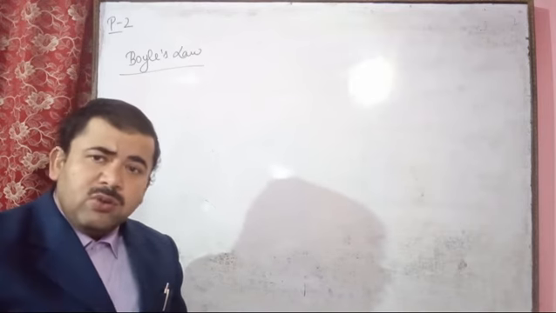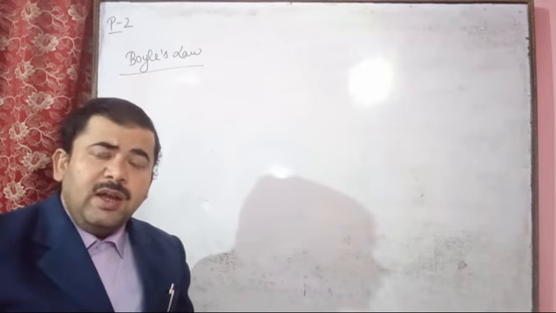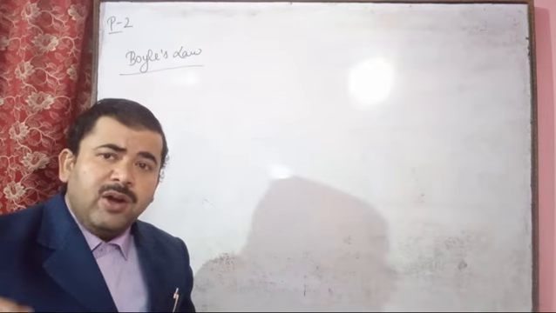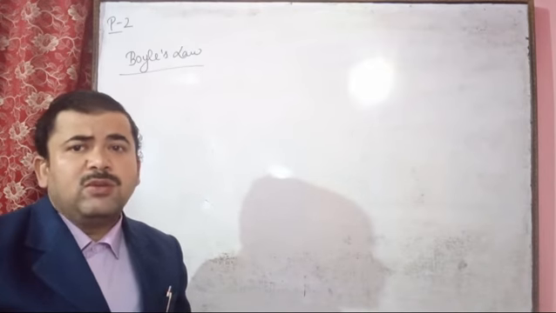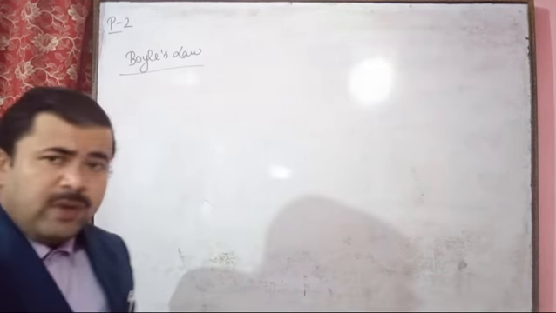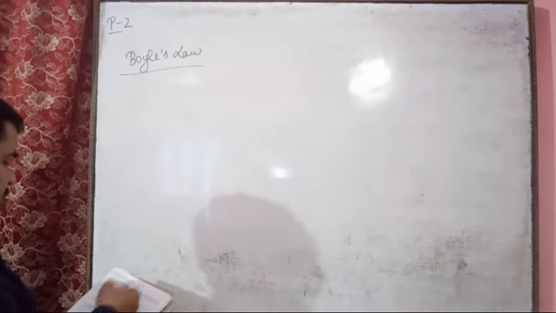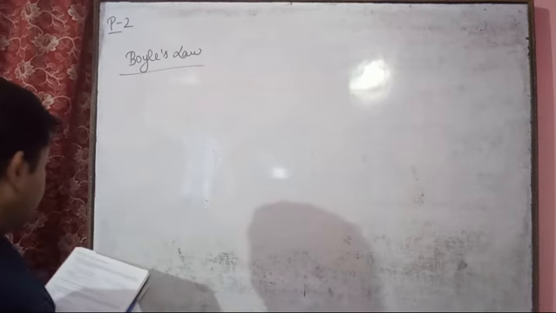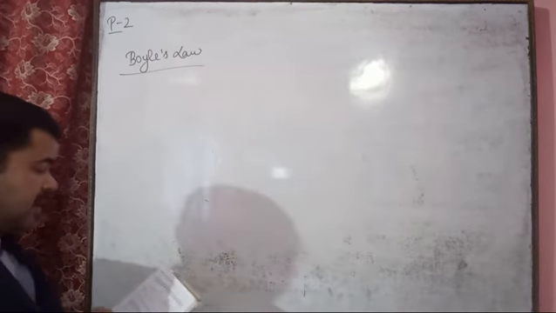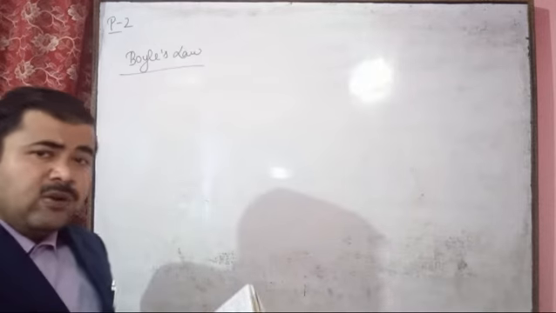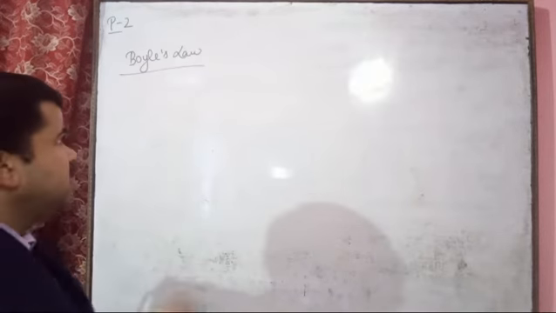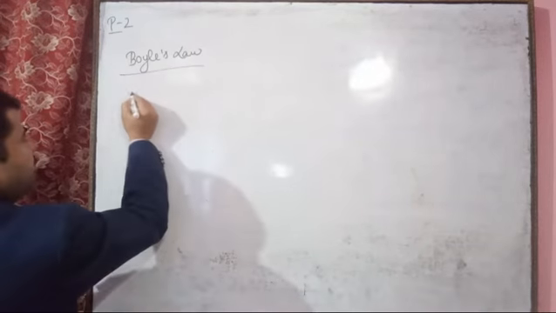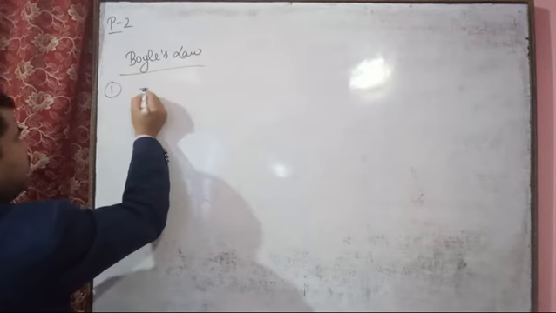You will read the numerical question, and you have to write all the information given in the question. What is the information here? A gas is allowed to expand at a constant temperature, so the first information is temperature constant.